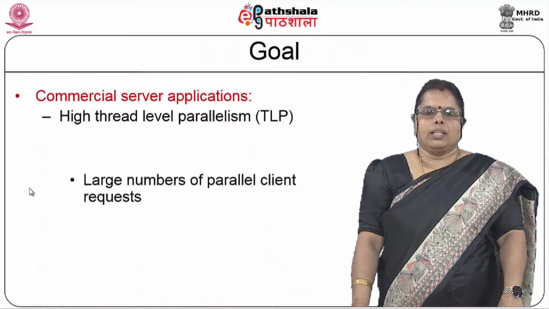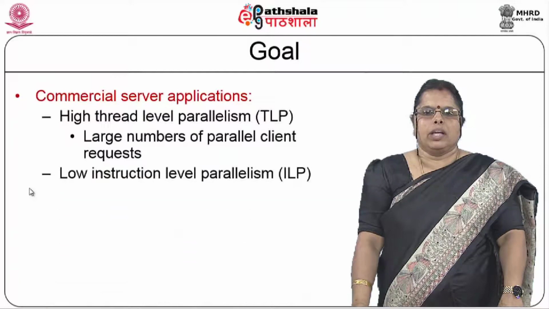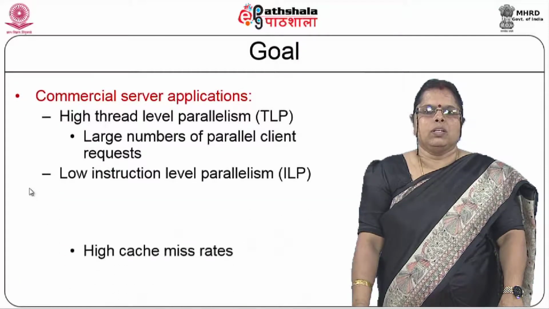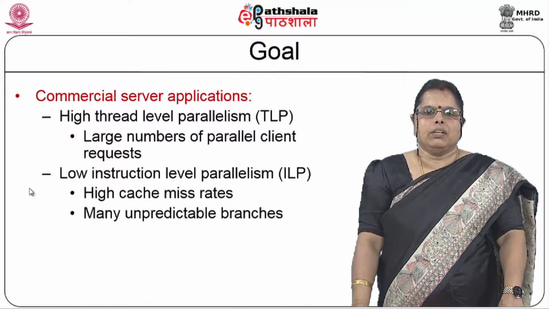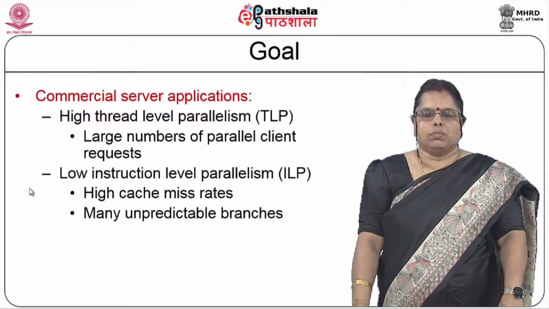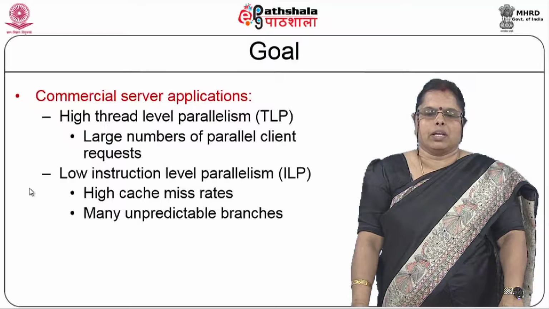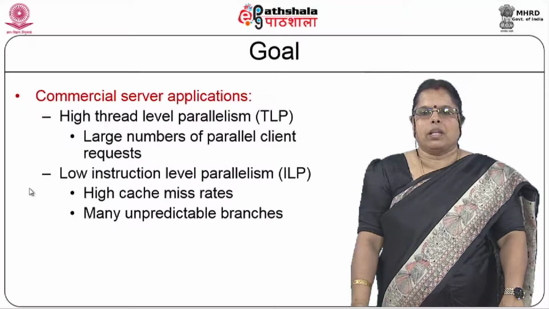When you look at the Niagara processor or the UltraSPARC T1 processor, they were basically brought into the picture because they wanted to serve commercial server applications. In commercial server applications, there is a lot of thread level parallelism available.